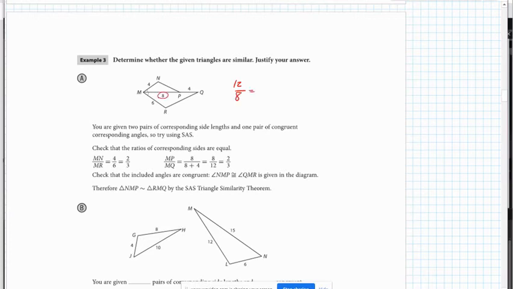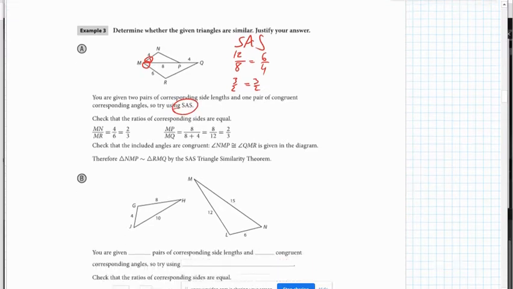Is that equal to the left side over the left side? Is that equal to 6 over 4? And in this case, this is 3/2, and this is 3/2. So they're both equal to 3/2. So they are in the same proportion, and the angles in between them are already marked congruent. So this gives us the S's, and then the angle between them gives us the A. So those are similar by SAS.